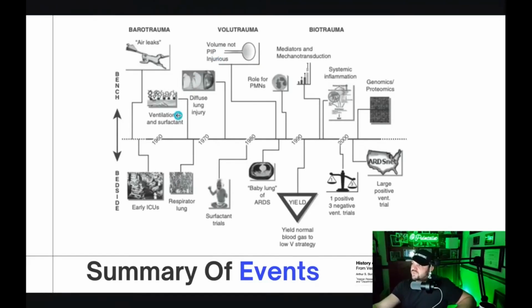As we move through the timeline, 60s, 70s, 80s, 90s, 2000s, we go from not understanding how big of a tidal volume to give, and not understanding that oxygen is toxic in and of itself. So high amounts of FiO2 can be toxic to the lung. And then the role of surfactant, and that peak inspiratory pressure isn't the thing that's injurious to the lung. It's more the alveolar pressure, or the plateau pressure, not so much the peak inspiratory pressure.